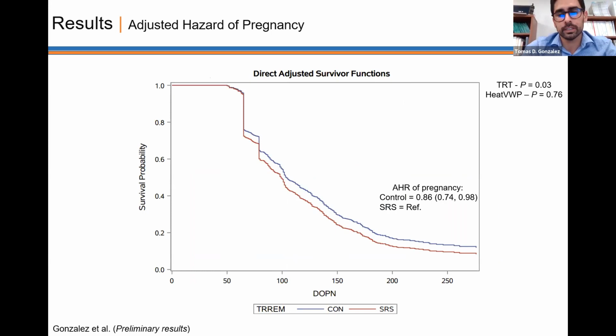So this is the adjusted hazard of pregnancy in our cows. Something nice to see is the difference we have in groups. By the treatment, we have a statistical difference, in the part of the heat in the voluntary wait period. According to the classification, in this part, we don't have a statistical difference.